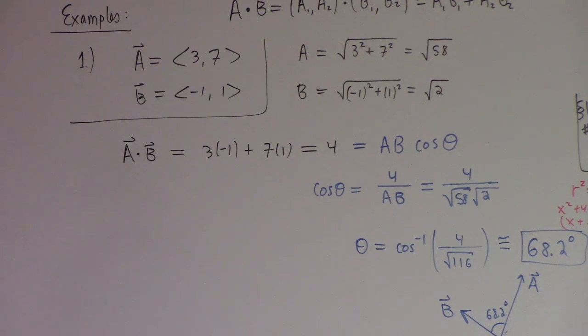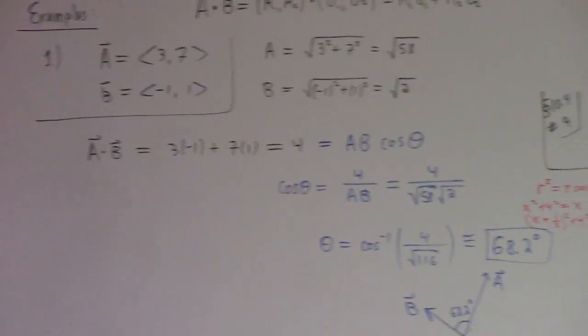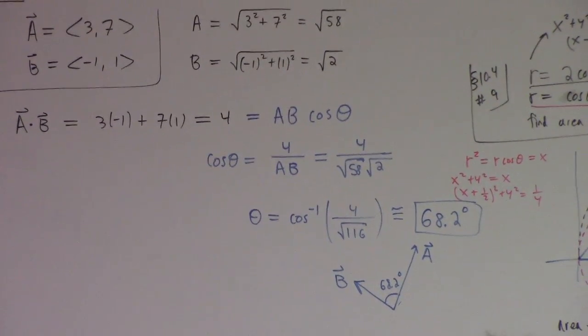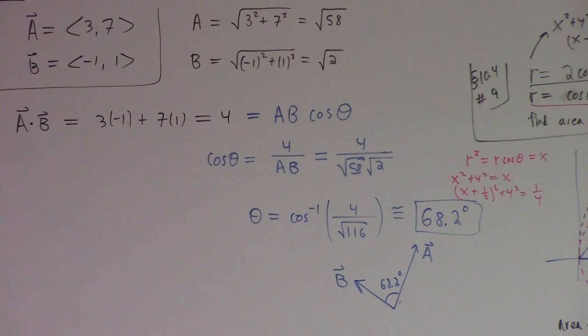Now there's a theorem. The theorem says that A dot B is also equal to AB cosine theta. I can solve for cosine theta because I know 4 and I know AB.